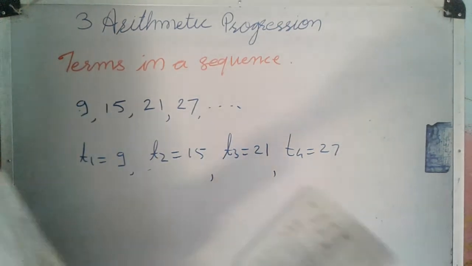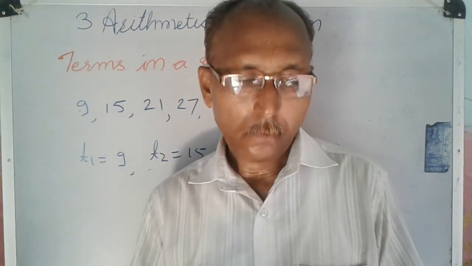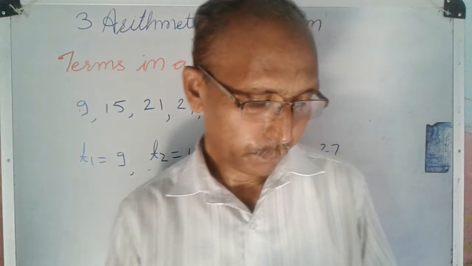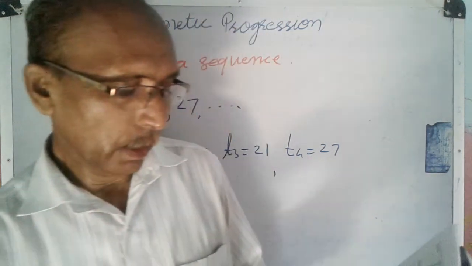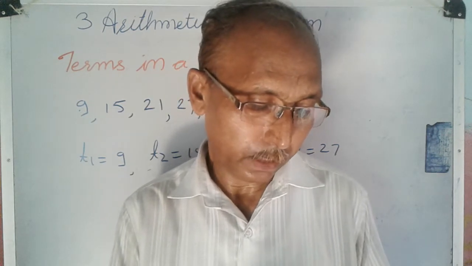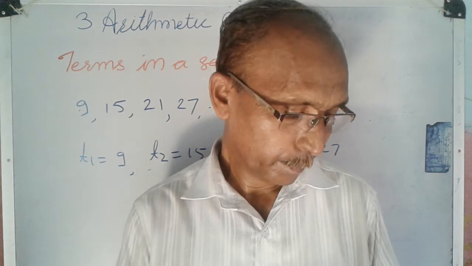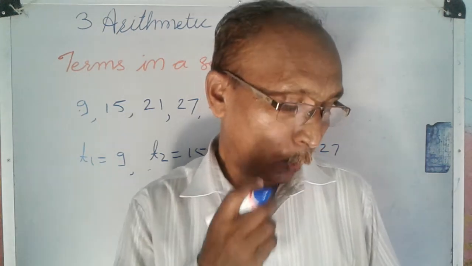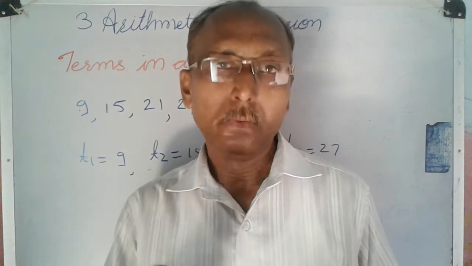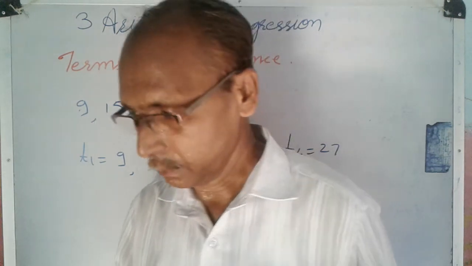So here, in the activity on page number 56, in the first activity, such 3 examples are there. Here you have to write the number of terms T1, T2, T3 and fill the boxes here. Now in activity 2, we have to find the rule by which we can obtain the next term from its preceding term.